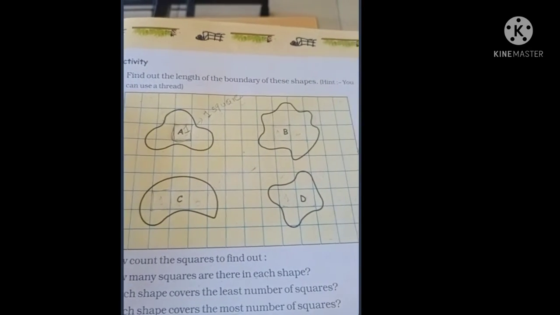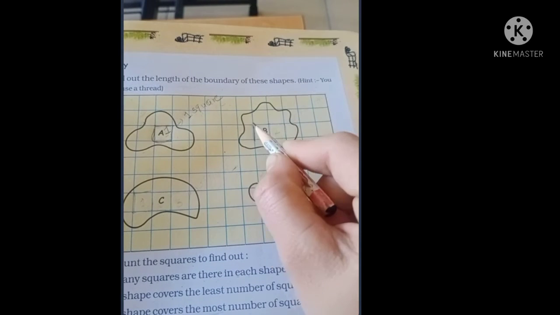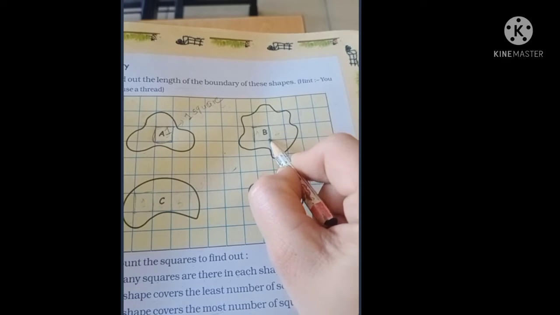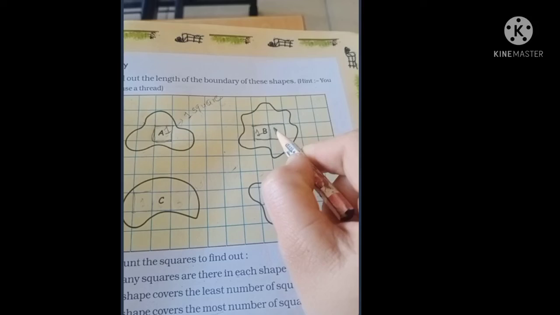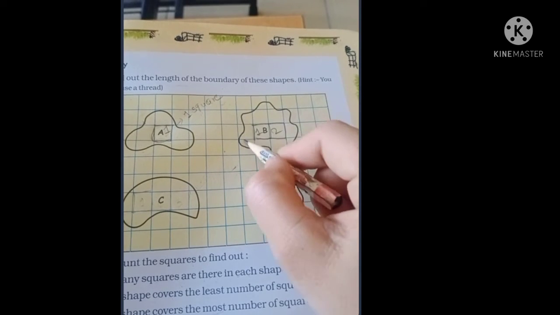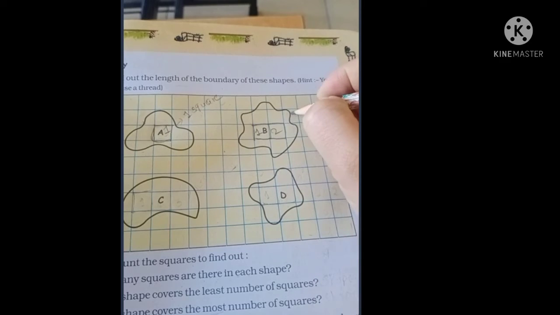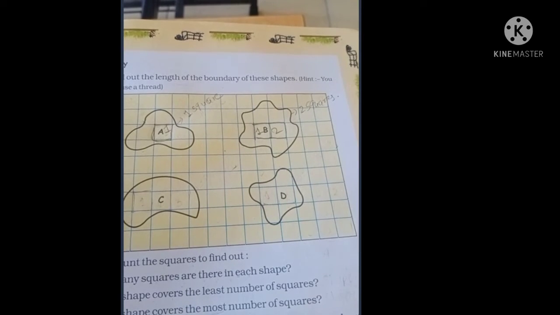Okay, and if you see figure B, you can see this. Let's see how many full squares. So here 1 and 2. You can see this square remaining, this portion, सभी squares बाकी के जो हैं उसमें कुछ ना कुछ बाकी है. Means figure B occupied 2 squares. How many? 2 squares, right?